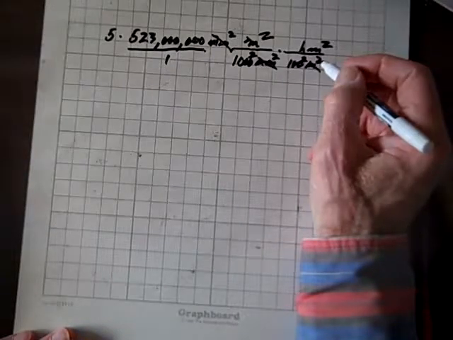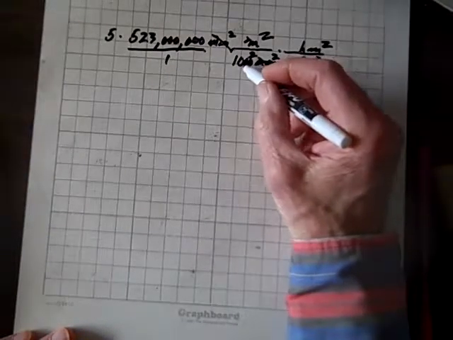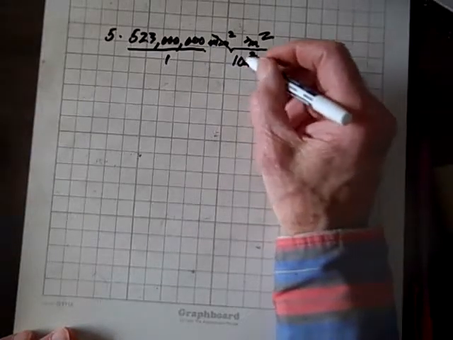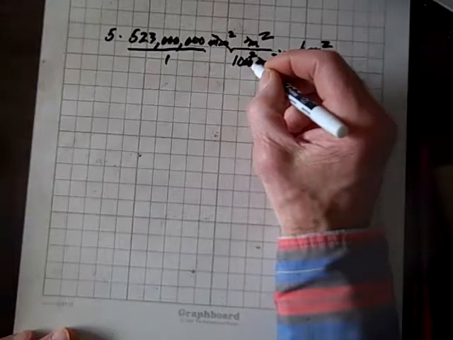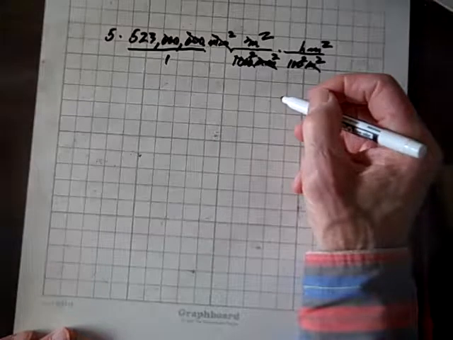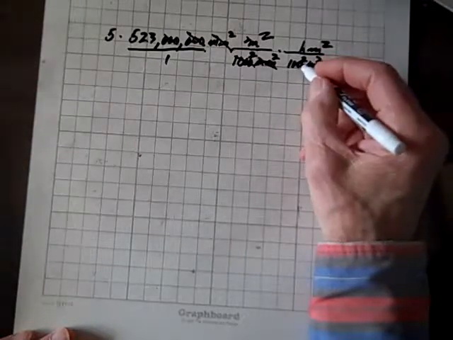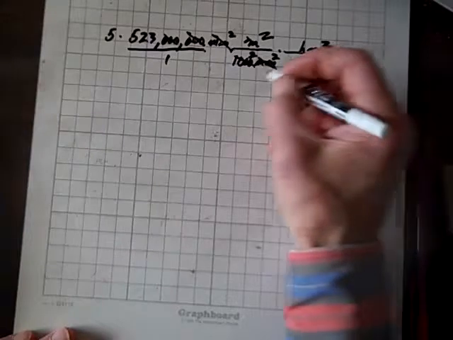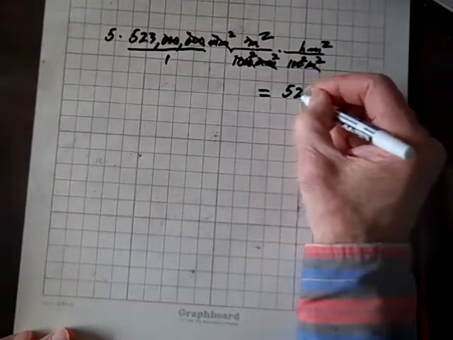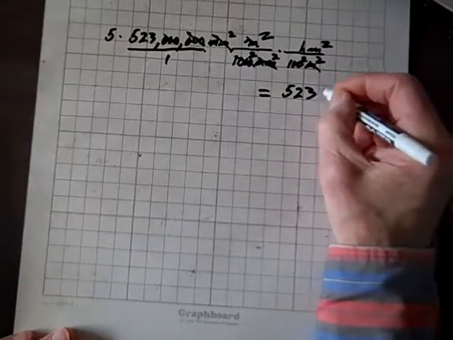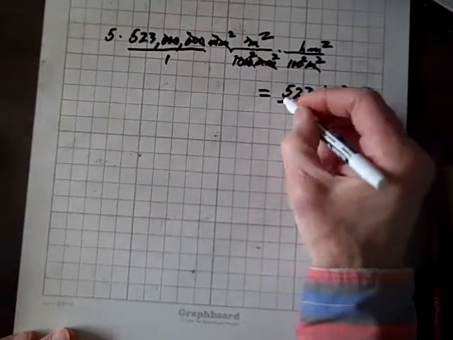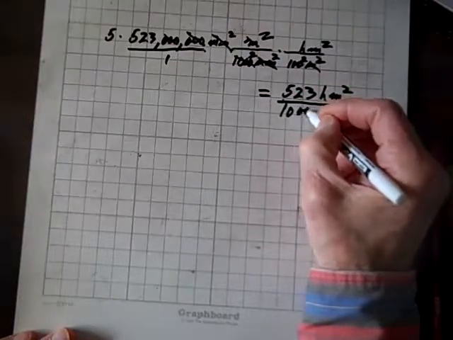And by the way, if you square 1,000, you get 1,000,000. So we now have 6 zeros. So these are going to divide out, and these zeros divide out. And now, if you square 100, you get 10,000. So that equals 523 hectometers squared divided by 10,000.